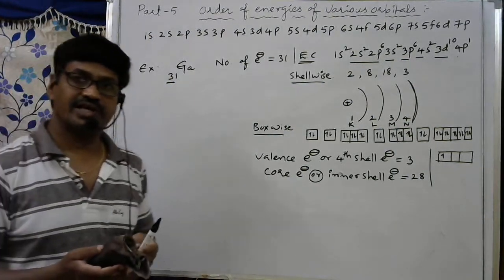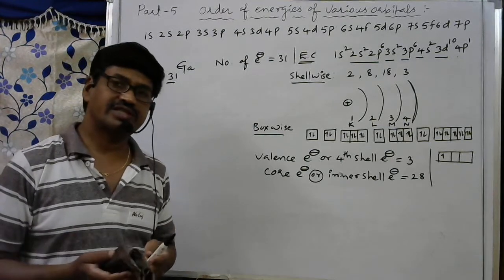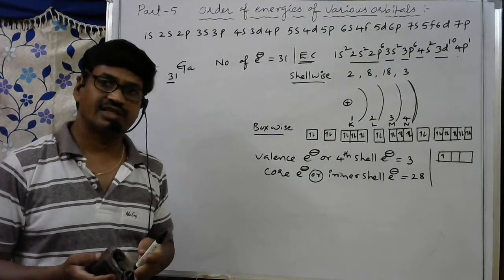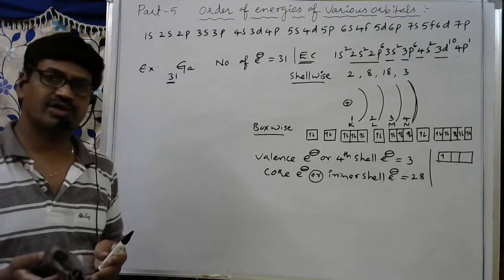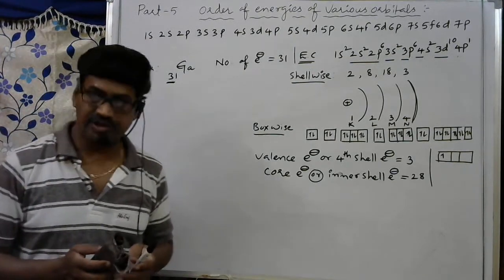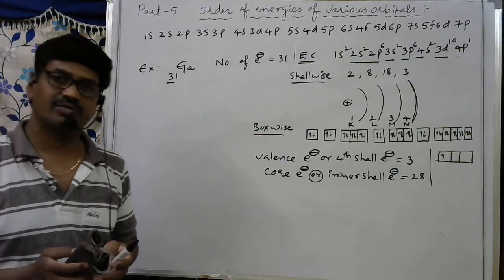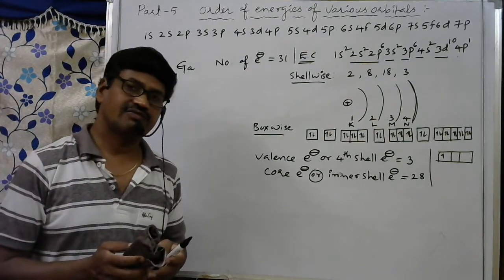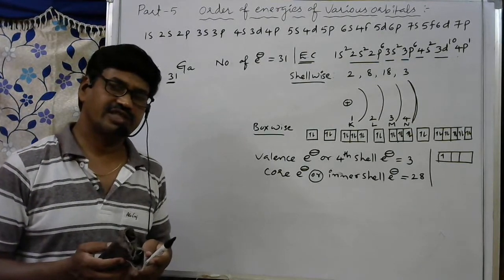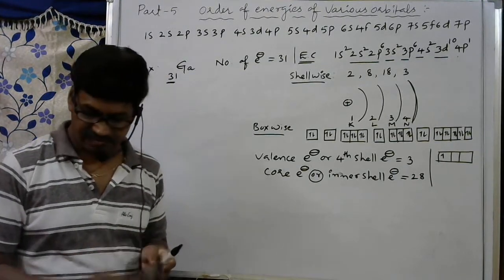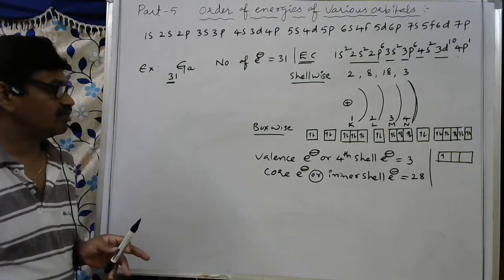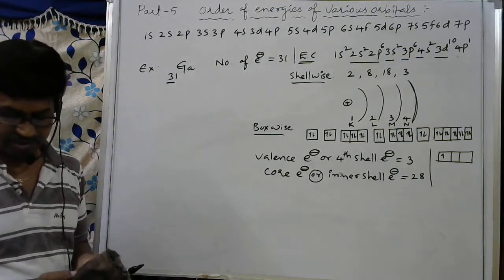Then in the periodic table, how we can get 7 periods and 18 groups, all those things we'll discuss. How many blocks are there in the periodic table: s block, p block, d block, and f block. All these things I think we read in your 10th level or 9th level. Okay, how we can construct this periodic table, we'll discuss.